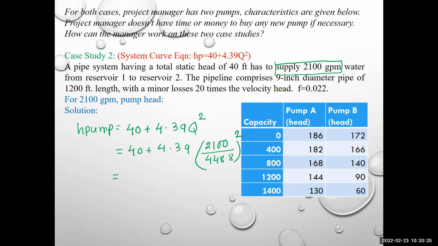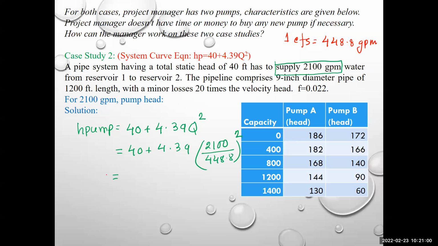What is the head of this system? 448. That is the conversion factor from GPM to CFS. So the actual conversion factor is this one: 1 CFS equals to... Does that answer your question?